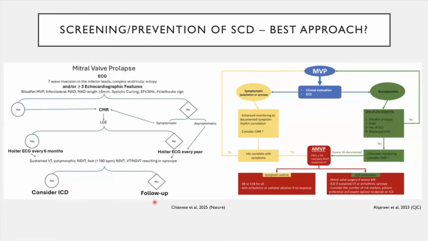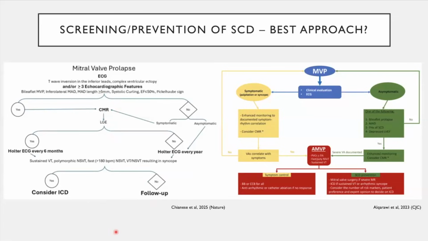Patients with mitral valve prolapse who have higher-risk ECG findings, so T-wave inversions in the inferior leads or complex ventricular ectopy, and then greater than or equal to 3 echocardiographic features of high risk, including bileaflet prolapse, infralateral MAD length greater than 5 millimeters, which is what they quoted here, systolic curling, EF less than or equal to 50%, or a pickle hub sign, should have a cardiac MRI to assess for late gadolinium enhancement.